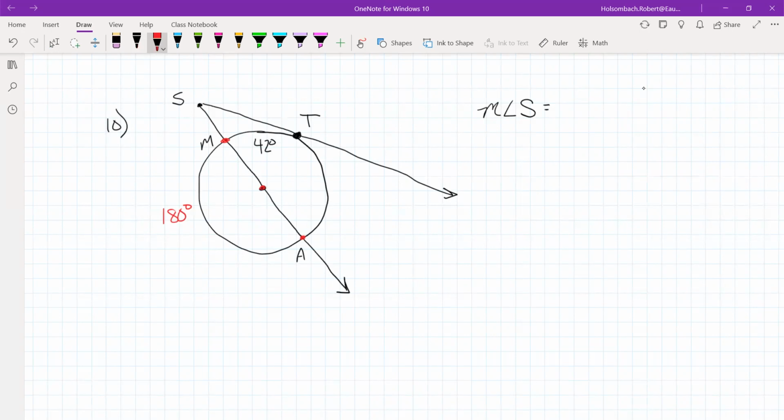So if we've got 180 degrees of an arc and a 42-degree arc, we need this arc TA. So that arc TA is going to be equal to 360 minus 180 minus 42, so 138 degrees.